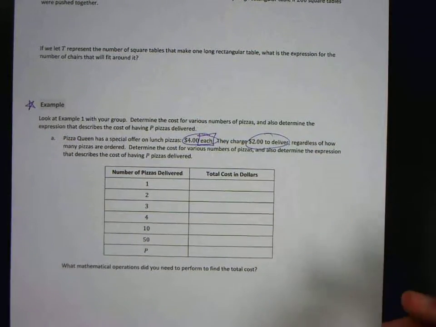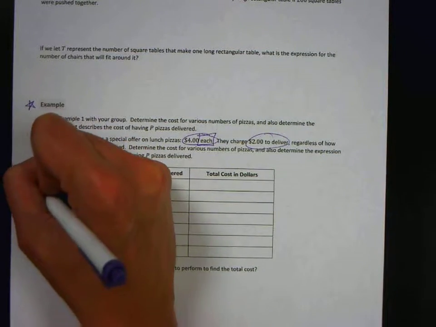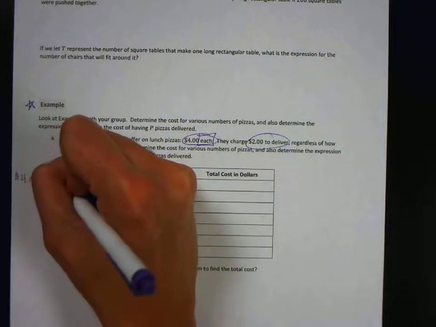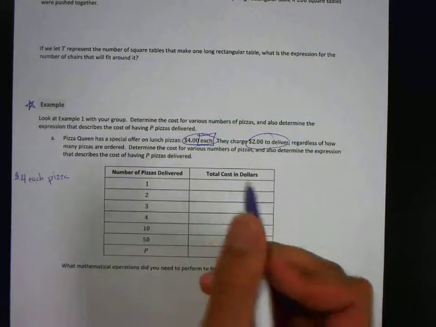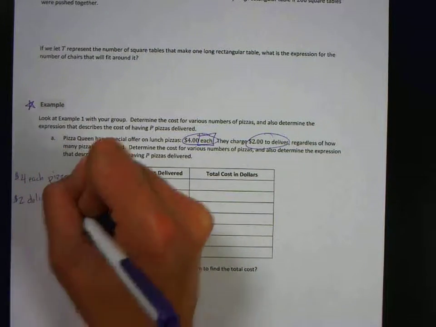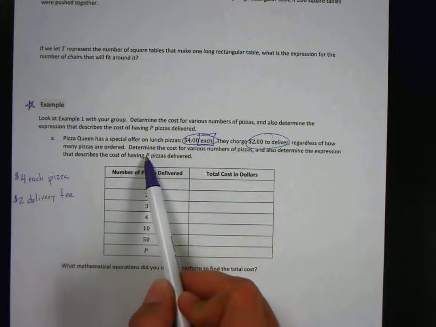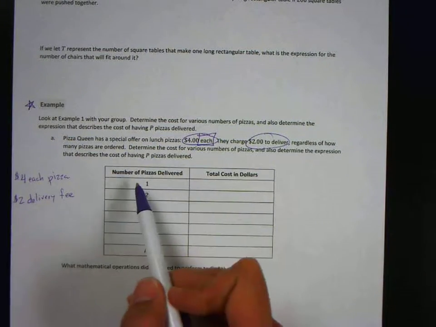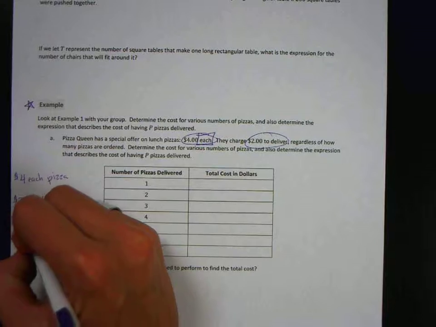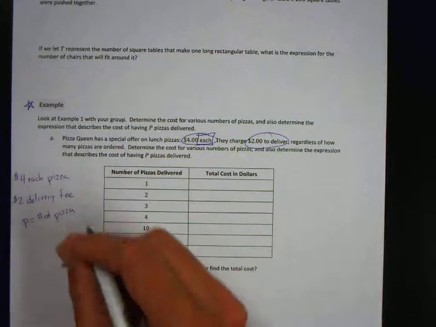So I know it's $4 for each pizza, and they charge $2 to deliver, so $2 delivery fee. So what if I had P number of pizzas here? P is our unknown. P is our number of pizzas. So this is the stuff that I know.